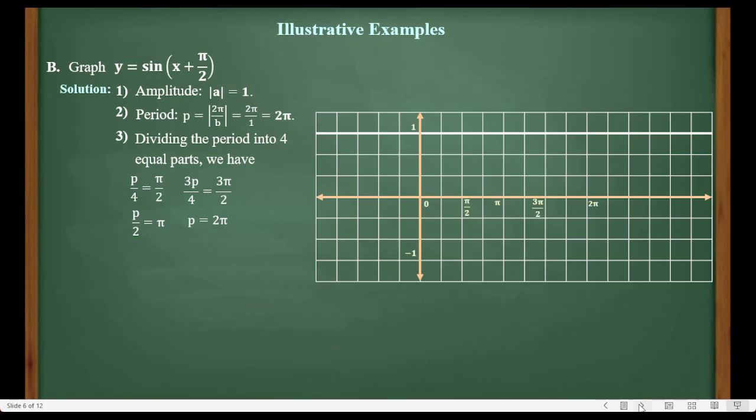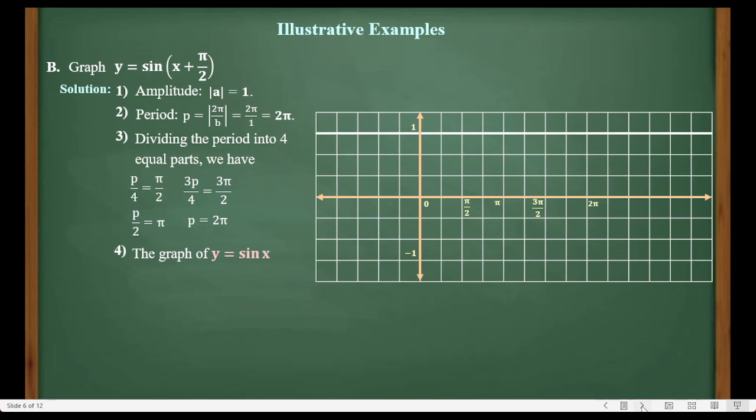We prepare the Cartesian plane to graph the mother function of this given function. And what is that mother function? Again, it's y equals sine of x. Taking each of these four partitions of the period and substituting to this x from this given function, we can determine the corresponding value of y.